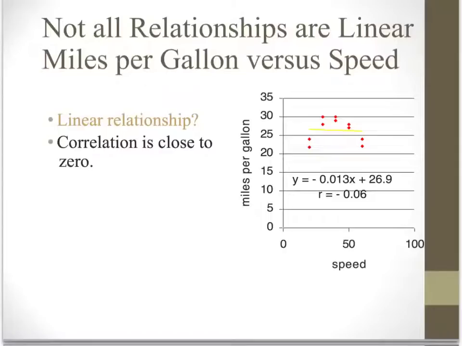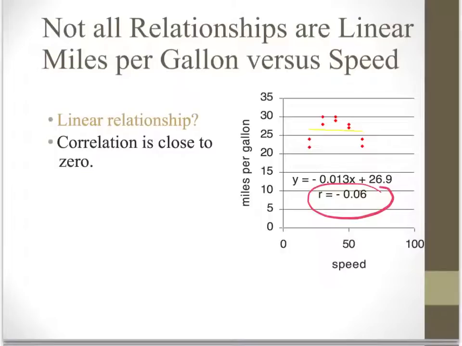Okay, but let's look at this. Not all relationships are actually linear. If you calculate the correlation for this, you get a correlation of negative 0.06. That is extremely close to 0. And remember, 0 indicates either a horizontal line or not a linear relationship.